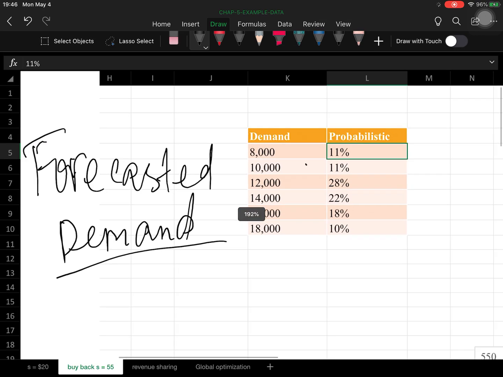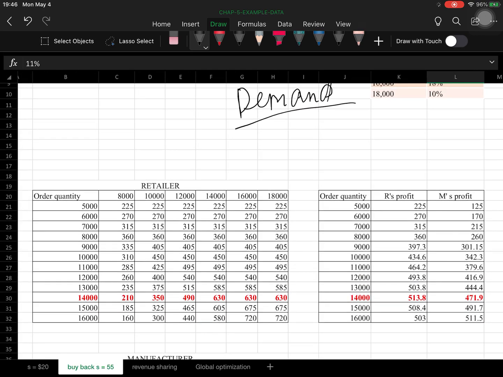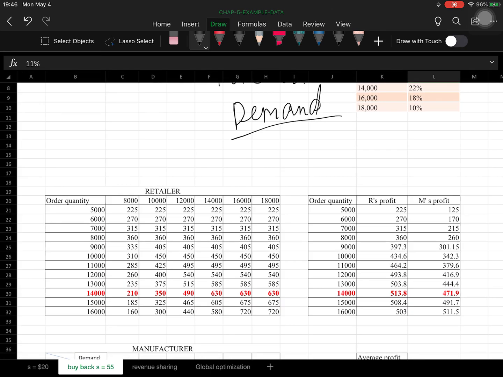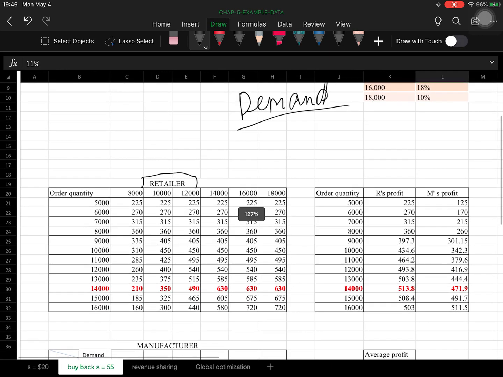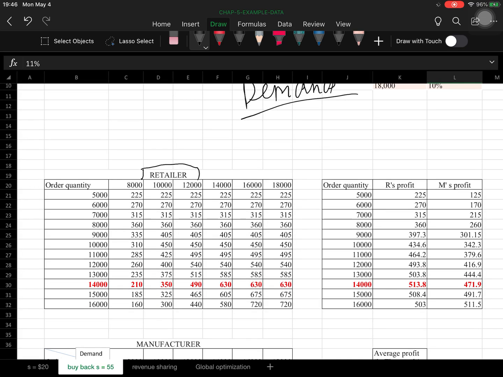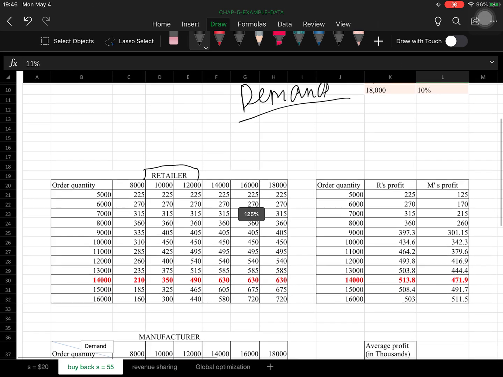This table we always use for all the examples from the beginning until the end of the lesson. Here we calculate the profit for the retailer, with the order quantity running from 5,000 to 16,000 like the first example.